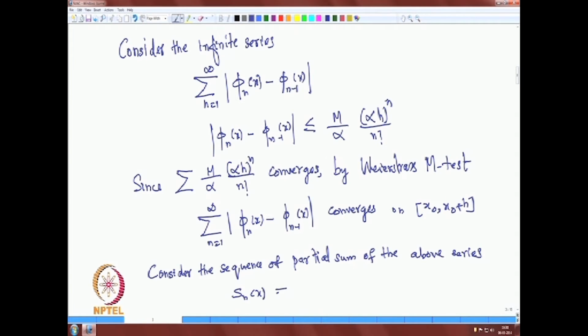Sn x is the nth partial sum, plus y0 added to it, so y0 plus the sum for i going from 1 to n of phi i x minus phi i minus 1 x.